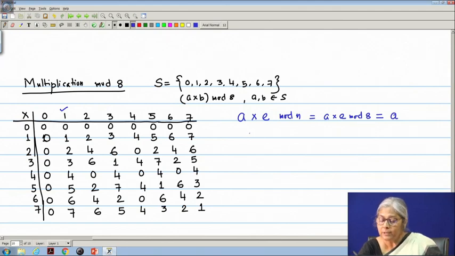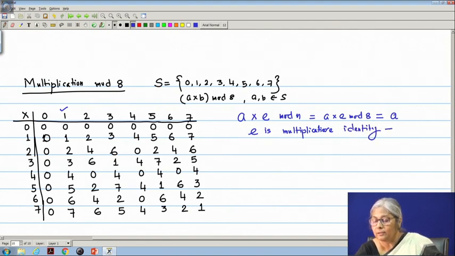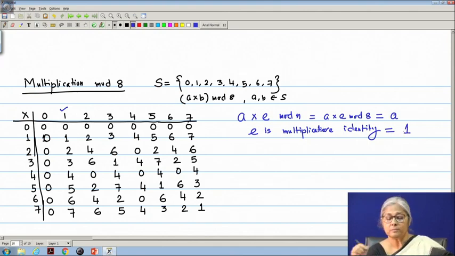So E is the multiplicative identity and equal to 1. That means the multiplicative identity for multiplication modulo 8 is 1.